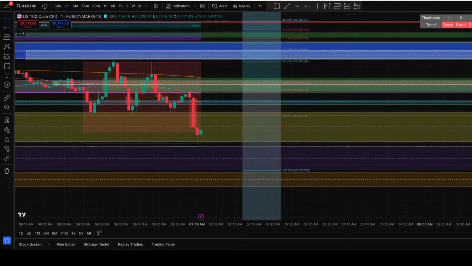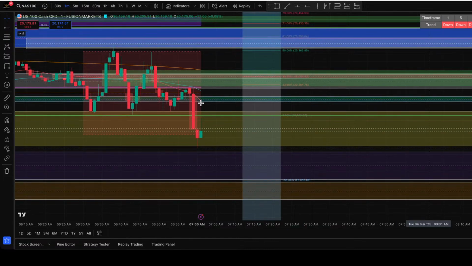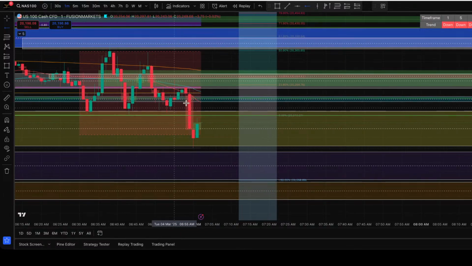So remember, when you're looking for an entry, ideally, you want to get above the series of candles that drove you into that fair value gap. So here, that was the high, that was the high. All these candles are in this candle's shadow, so technically that's your high for now, unless the market keeps dropping more.